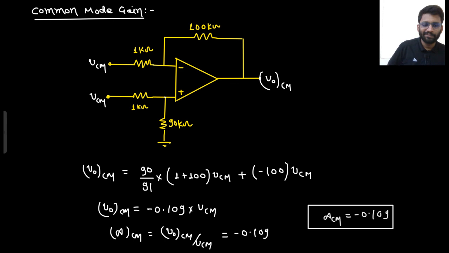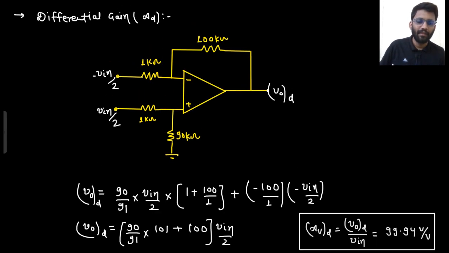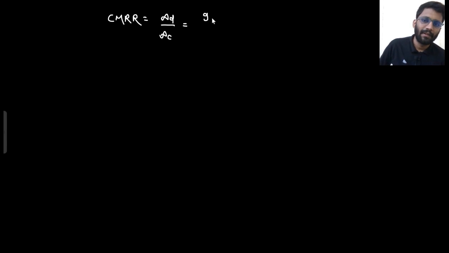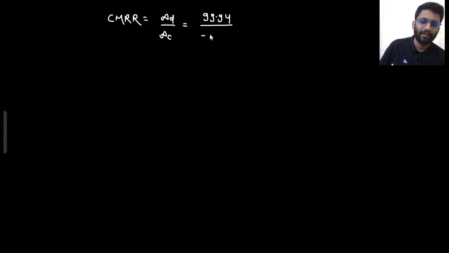So what will be your CMRR now? AD by AC. 99.94 divided by AC, that would be minus 0.109.